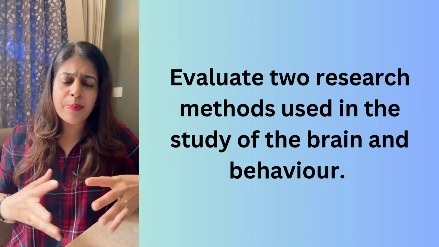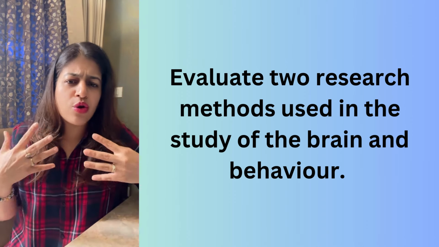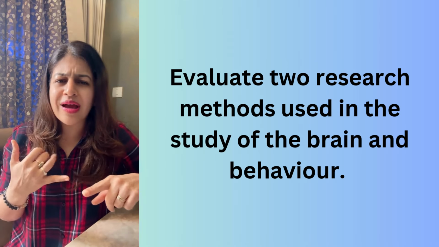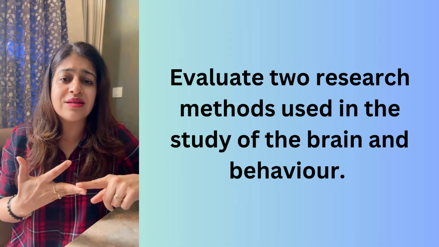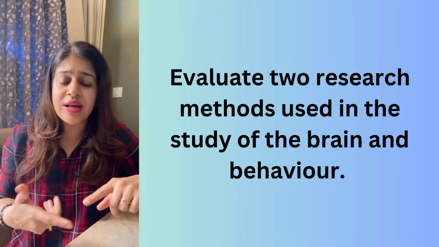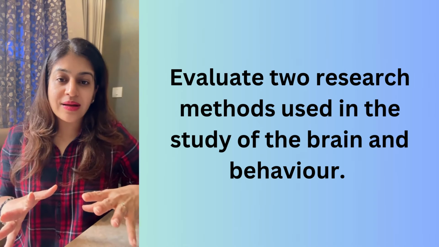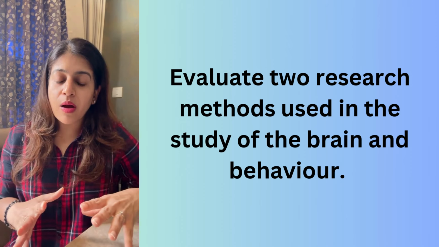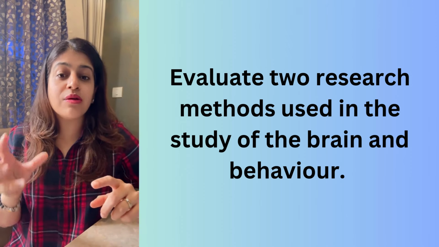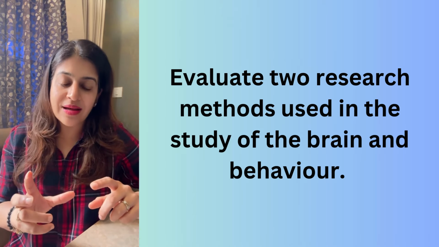In the biological approach, you must have learned a lot of studies in localization, neuroplasticity, neurotransmitters, genetics and so on. So you can pick any 2 studies that you are confident about, and write on the research methods of these studies.